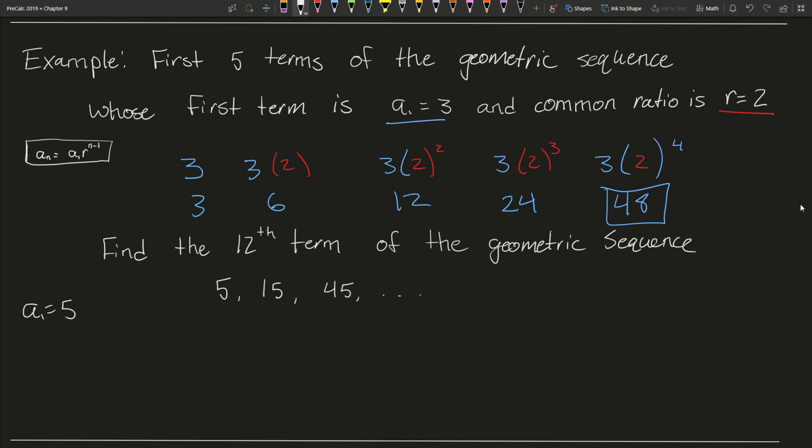And for any geometric sequence, the first thing that we should ever find is R, really, our common ratio. Okay, and because we're given that it's geometric, all we really have to do is find the ratio of 2 sequential terms. So when we do that, we get 15 divided by 5, which is just going to be 3. Okay, and we can do the same thing for 45 and 15. It's going to be the same, right? So R in this case is just 3.